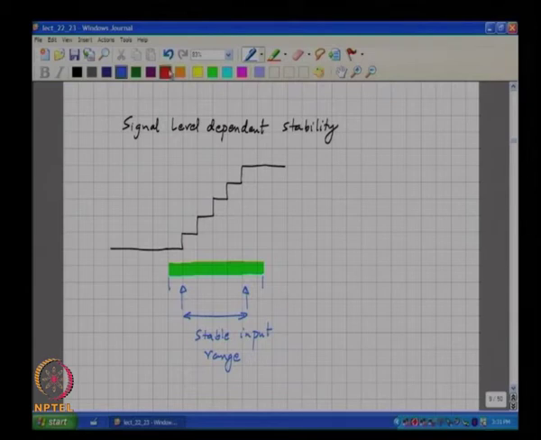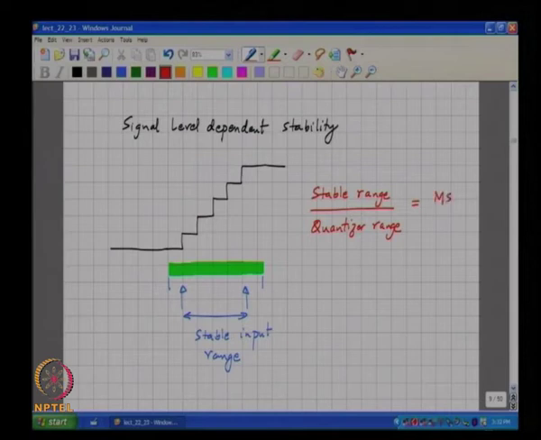The ratio of the stable range of inputs to the quantizer range itself is often called the MSA, or the maximum stable amplitude.